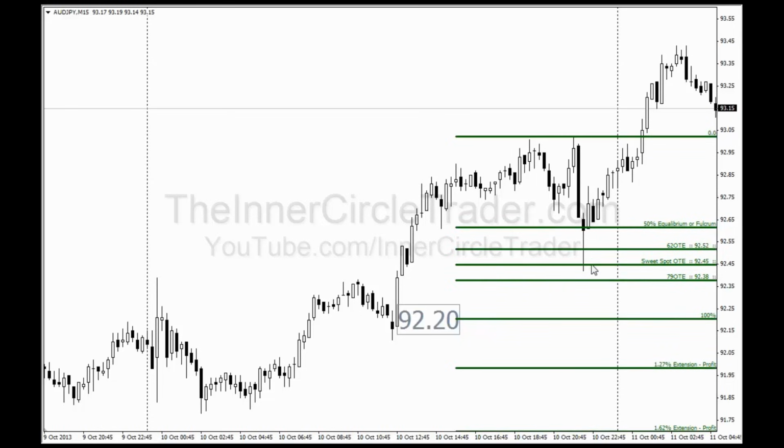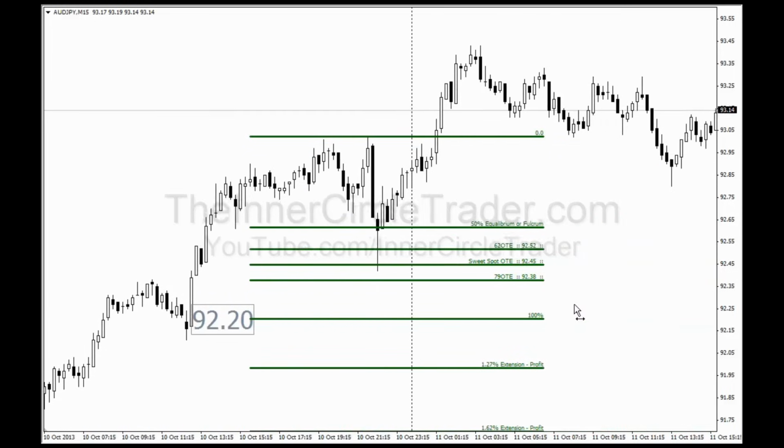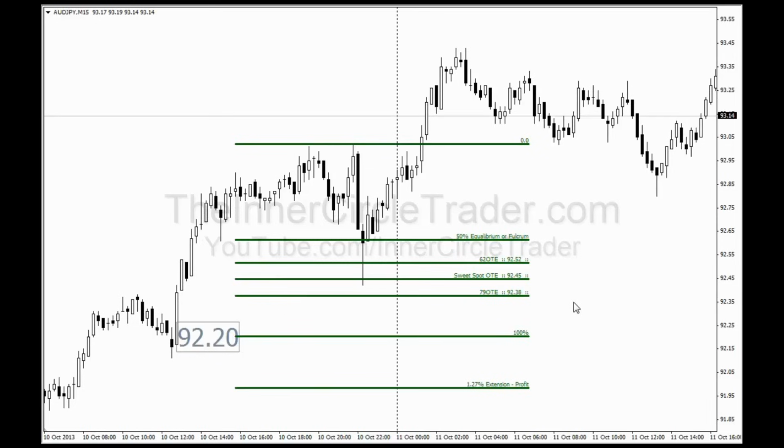Price trades right to what level? The sweet spot. Boom. And rallies up. So both are ideally suggesting that's a buy area, between that 92.45 to 92.40 level. So add your spread to it, and that'd be an entry point. And then price begins to move on up.